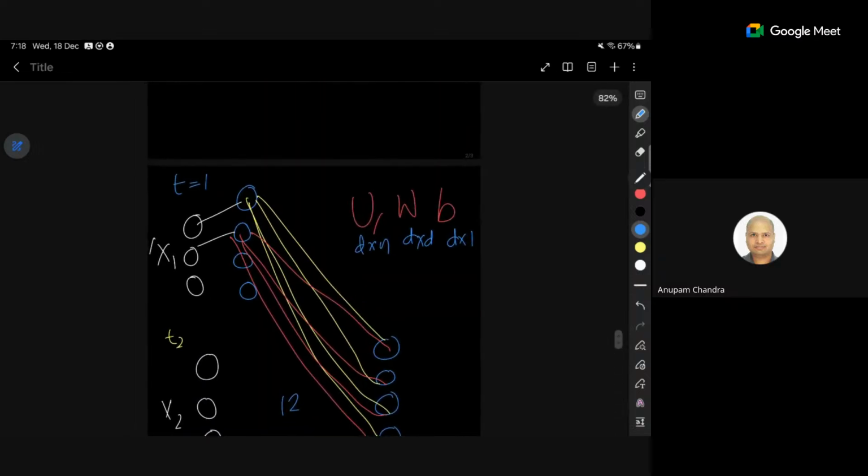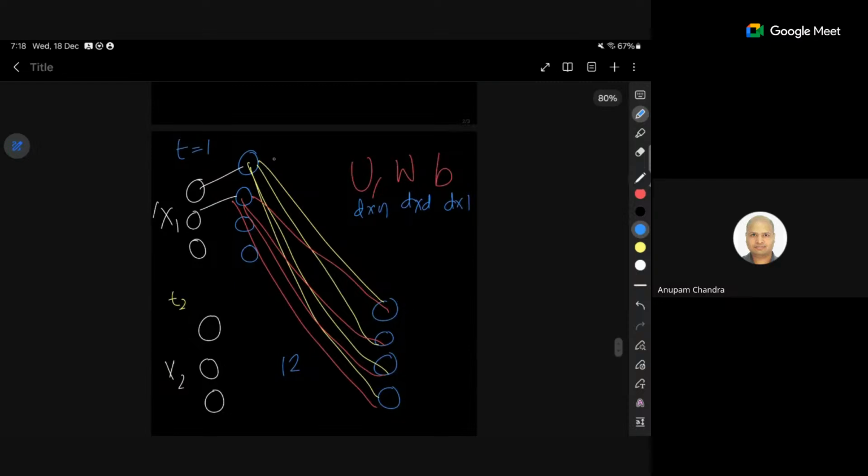Now let's go to Y. Y is the output, right? So now it will generate some output, and it will go into the softmax. We decide the softmax based on the output.